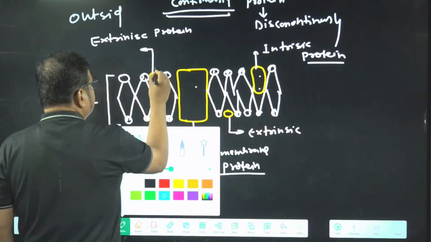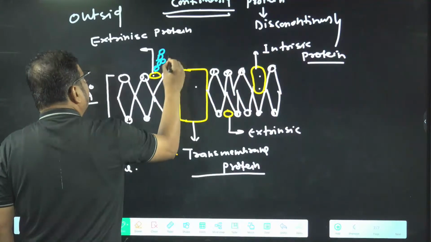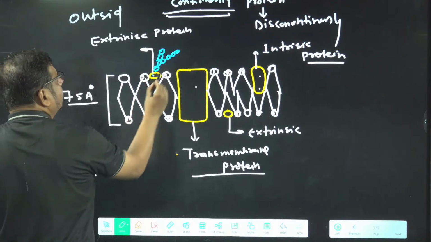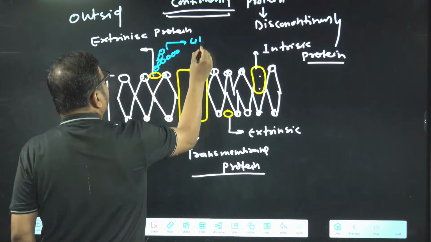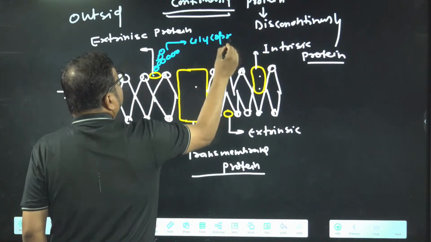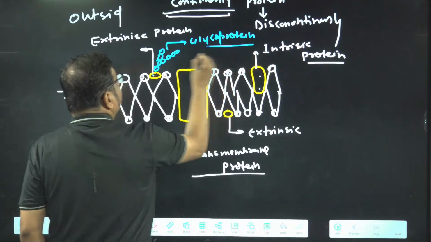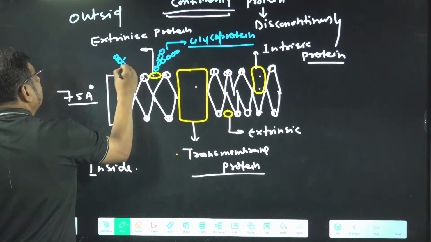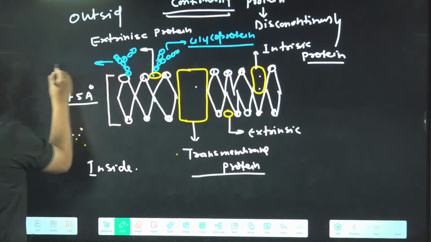Now, in the outer layer of the plasma membrane, oligosaccharide attached to protein is called glycoprotein. Oligosaccharide attached to lipid is called glycolipid.